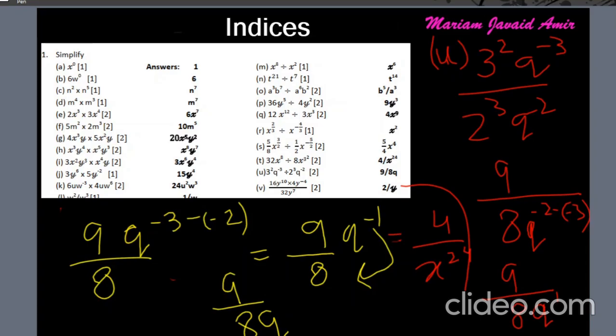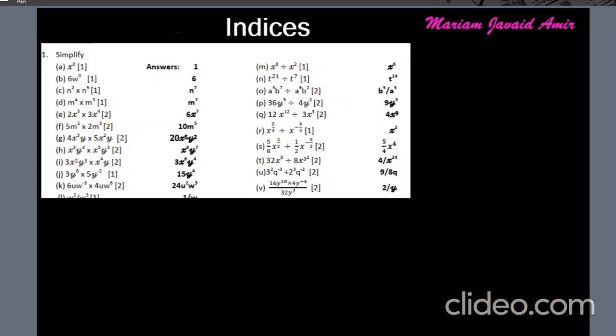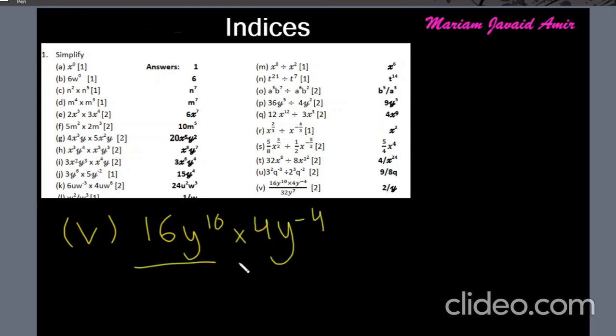Alright, then next up is the last part of this question, which is part V, which is 16y power 10 times 4y power minus 4 over 32y power 7. So let's deal with the constant first. 16 times 4 over 32 would give you 2 simply, and then in the numerator the powers will get added.